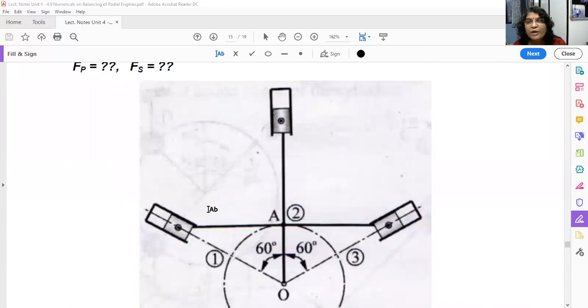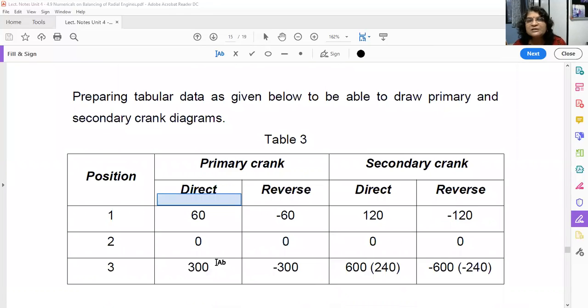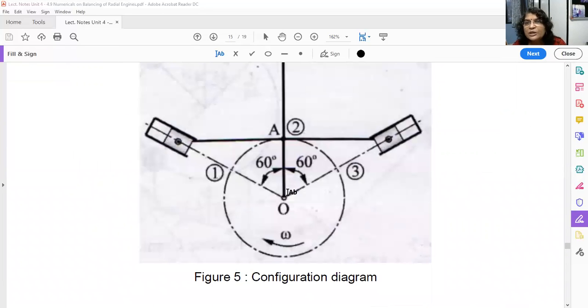Okay, you have to prepare this table. For this table, only the first column, the second column, that is direct primary crank only, is very, very important to think and to write it. Okay, how to write down it? Every line of stroke you have to rotate in the direction of omega, so that m by 2 should be kept at crank pin.